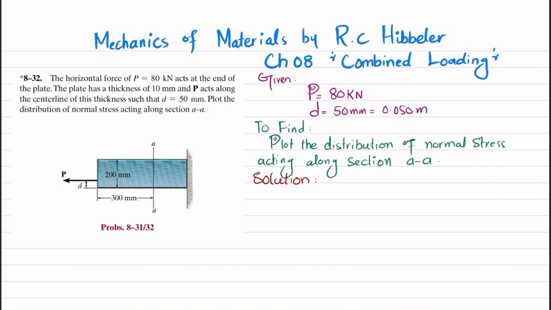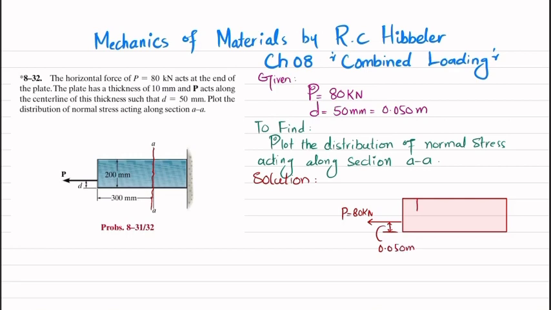So first step is that if you cut the beam and draw the free body diagram, it will be like this one. This is the force P which is acting. This force P is 80 kilonewton, and that is acting at a distance of 50 millimeter. So this distance in meter is 0.050.